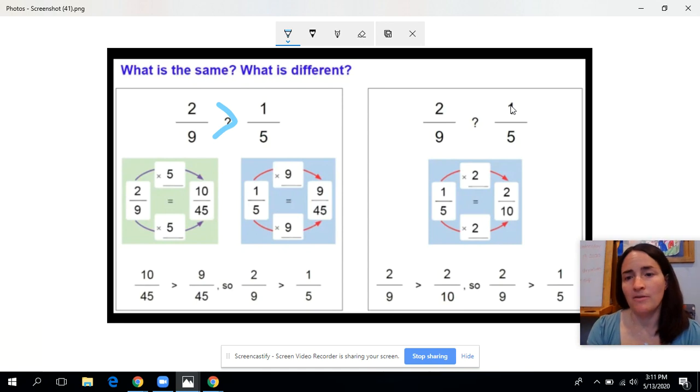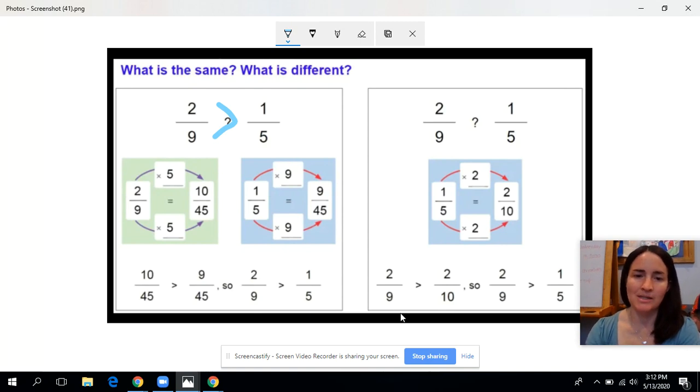So when we're comparing fractions and they both have the same numerator, it makes it a little bit more clear to us which one is larger. Because now we're dealing with 2/9 and 2/10. So 2 pieces out of 9, taking a whole and breaking it into 9 pieces and then taking 2 of them. And then comparing that to taking a whole, breaking it into 10 pieces and taking 2 of them.